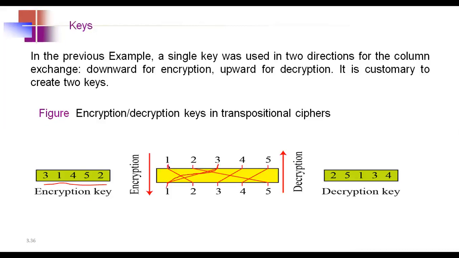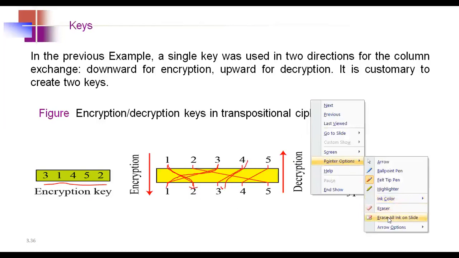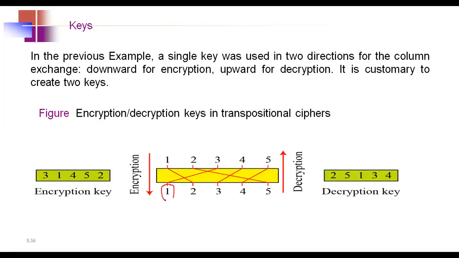The 1 comes to the second position. 4 comes as the third position, like this. In reverse also, at the decryption side, the first one is moved to the third column.